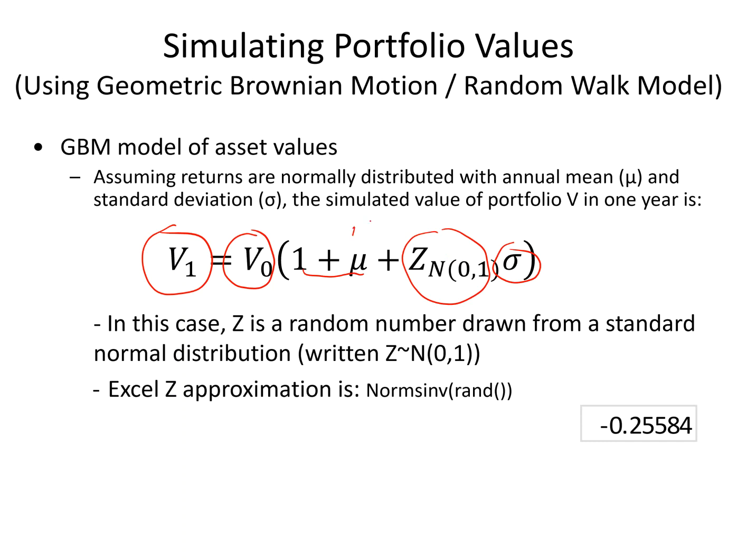So I expect a return of mu, but there's a random shock to the system that's a function of the standard deviation. In this case, that random z value, which I have listed here as z of N(0,1), is the random z from the standard normal distribution. In Excel, we use the function NORM.S.INV(RAND()) to generate this random variable.